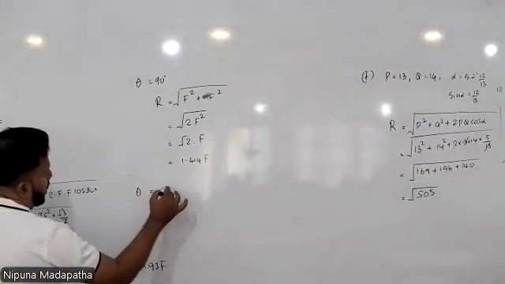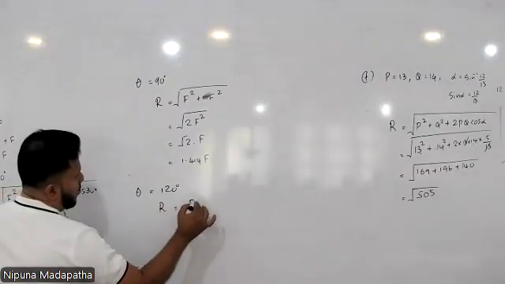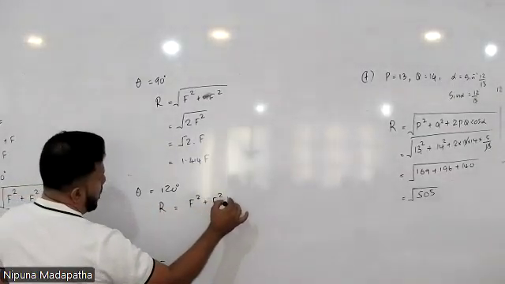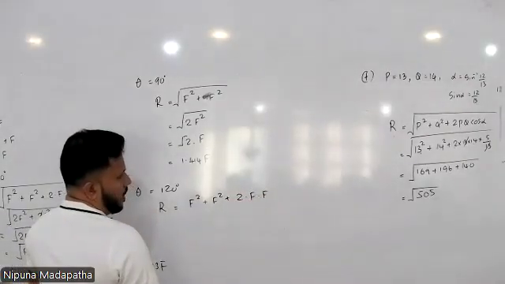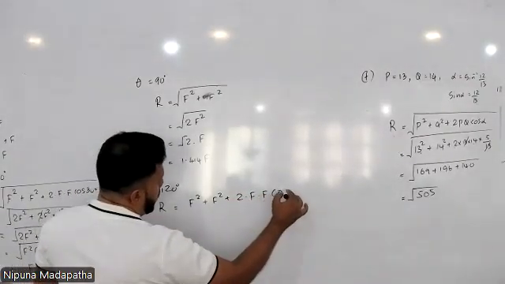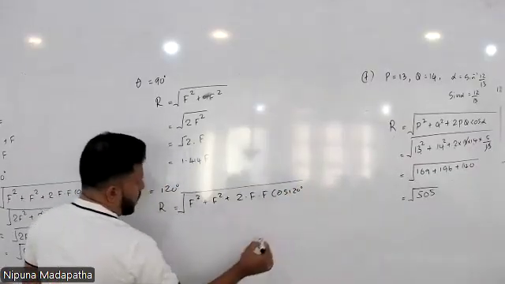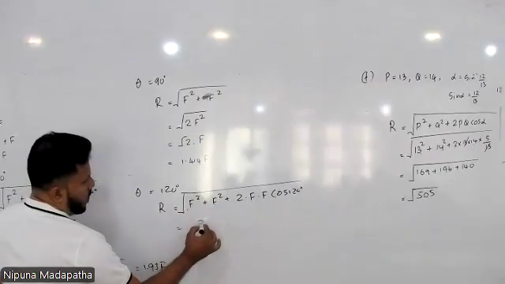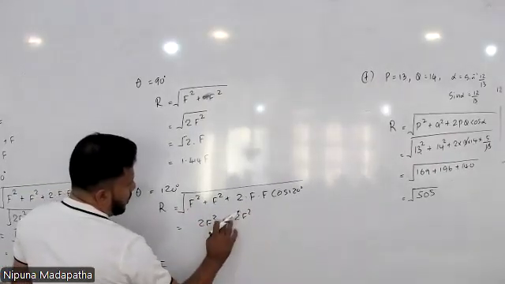Theta is 120. R equals the square root of F squared plus F squared plus 2 F times F cos 120. This is 2F squared plus 2F squared cos 120.